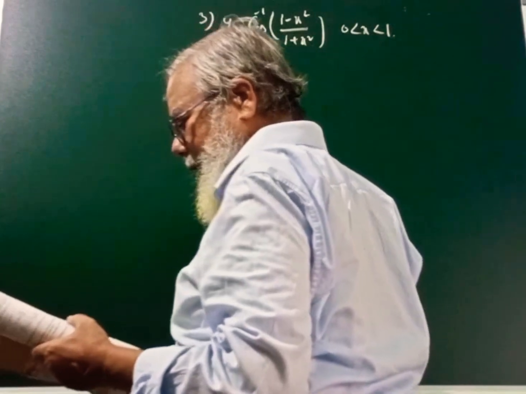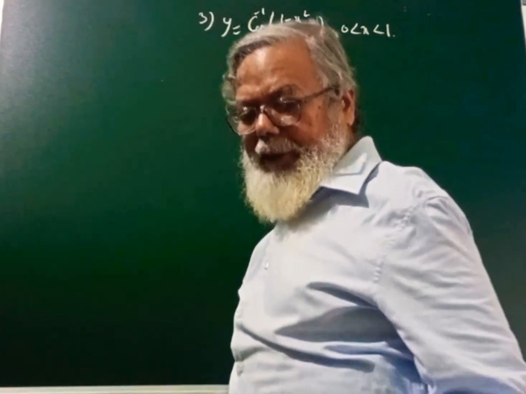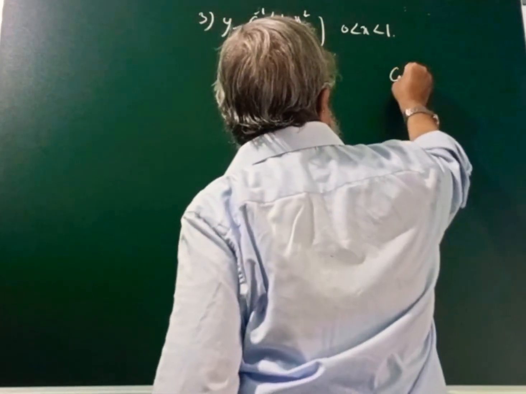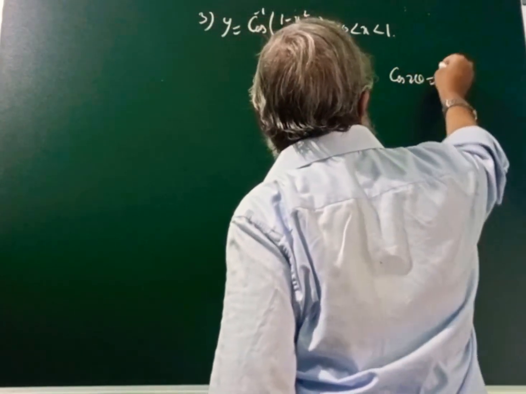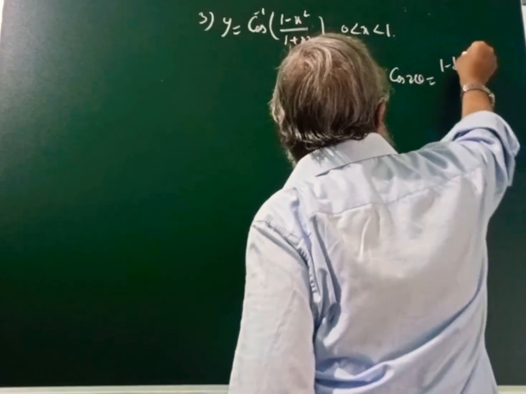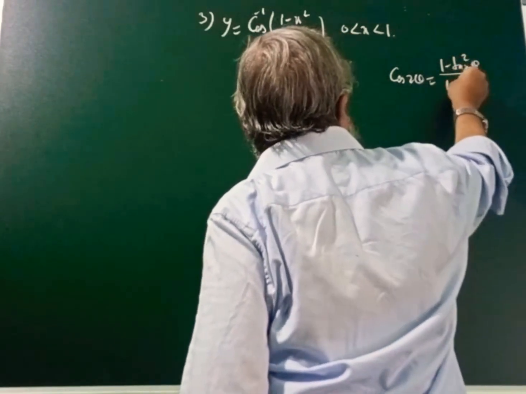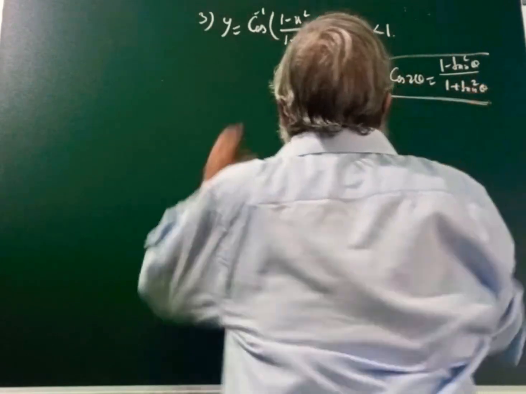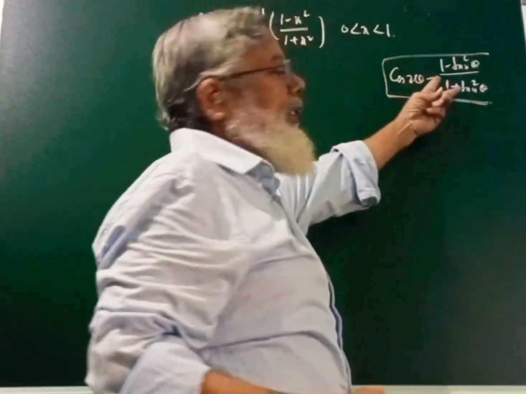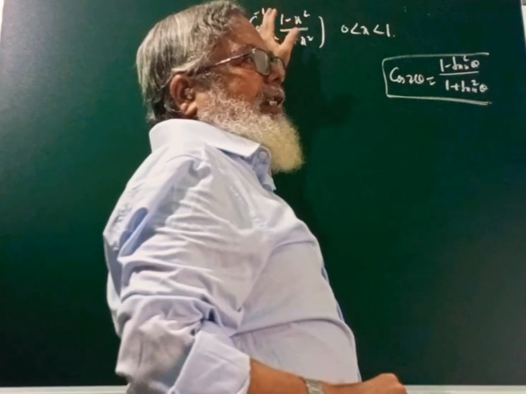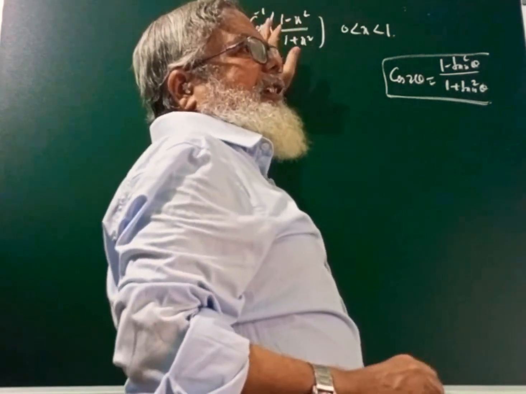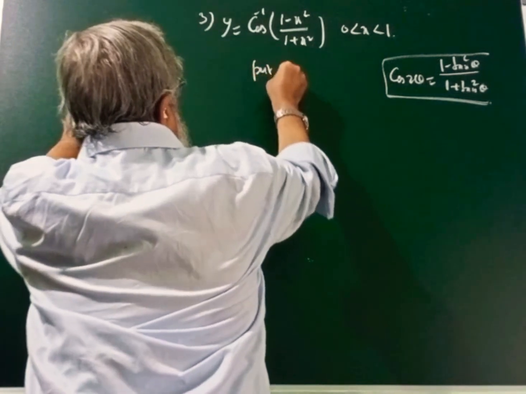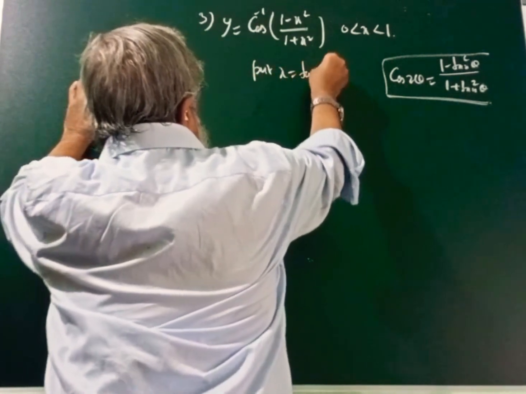Now here again we remember the formula, that is cos 2 theta is equal to (1 minus tan square theta) by (1 plus tan square theta). Look here, see the right hand side and compare this. Automatically we will understand that x is equal to tan theta is the substitution. We put x is equal to tan theta.